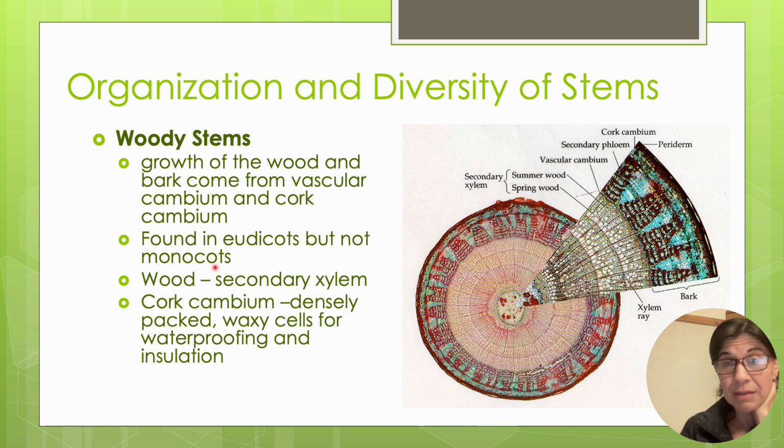So monocots are non-woody as a group. Eudicots are the ones that can have secondary growth. What we actually call wood is secondary xylem. So for the plant to get larger, the xylem cells will keep growing.